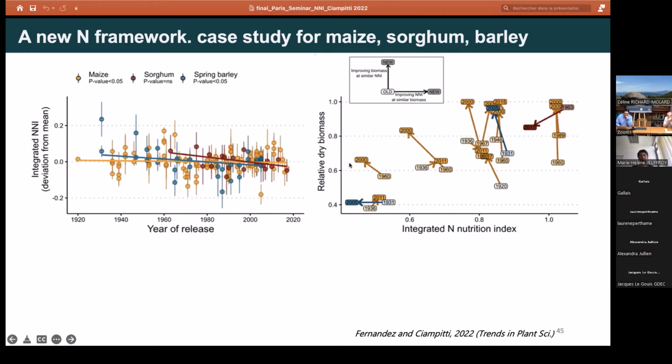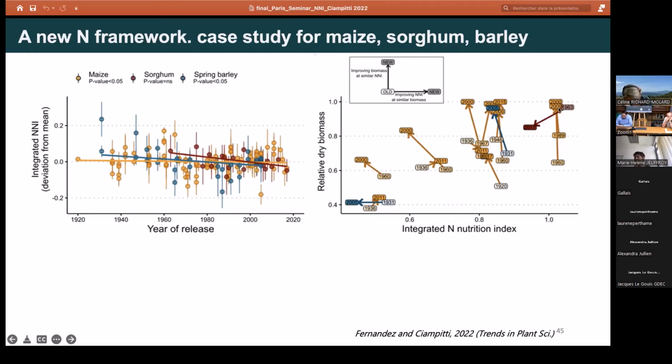For those hybrids, when we look at under deficiency, we are seeing that we sometimes increase biomass, but the NNI is going down, which basically confirms that these new modern genotypes, without nitrogen, are more susceptible to N deficiency. And barley is very similar to maize. In fact, in barley, we are not even increasing biomass, we are only maintaining biomass, and then it's more and more susceptible to deficiency with lower NNI.